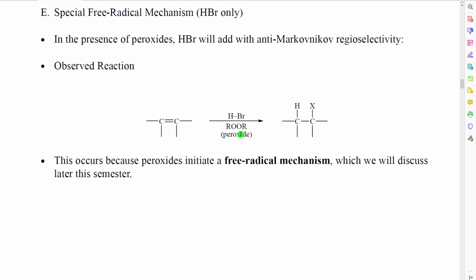If peroxides are carefully excluded from the reaction, it will proceed in the normal fashion with Markovnikov regioselectivity. However, if we are sloppy and peroxides manage to make it into the reaction mixture, then it will produce the opposite regiochemistry. Sometimes we take advantage of this because there are times when maybe we want that regioisomer, in which case we would then intentionally put peroxides into the mixture.